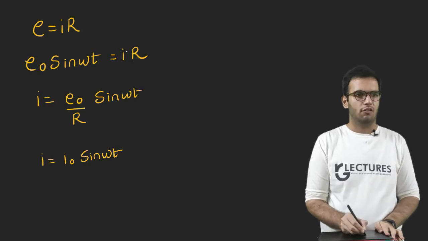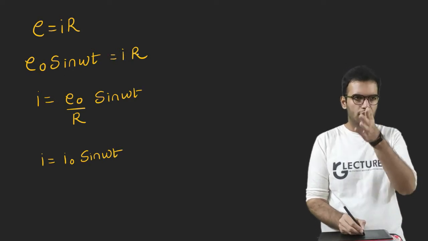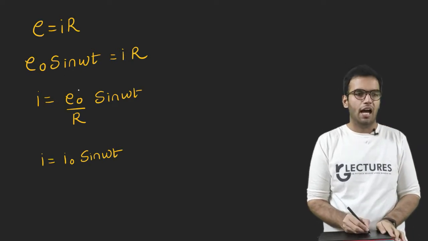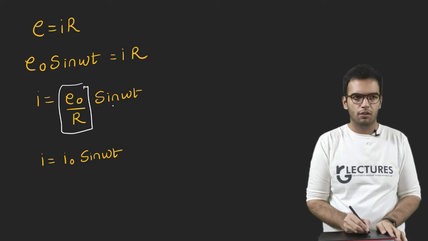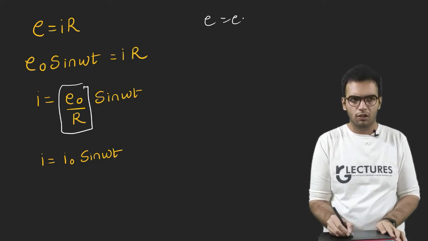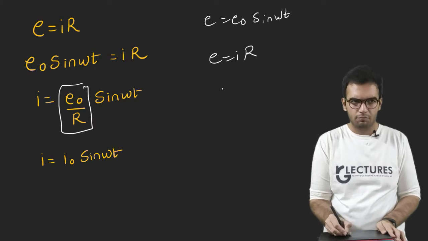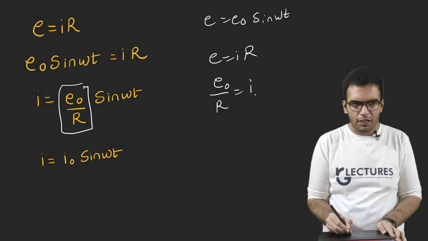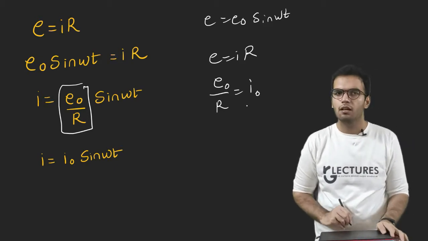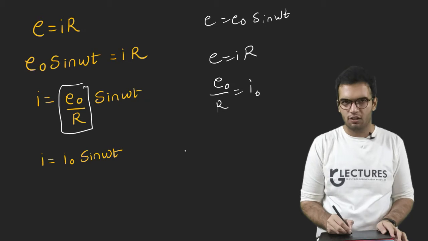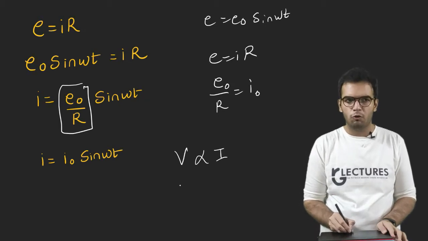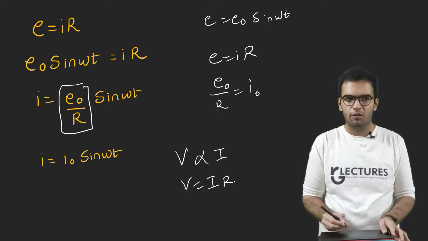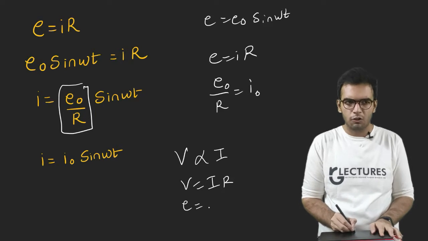I can reshuffle R there, and I know that what comes will be similar to this equation only, and since E equals IR, E by R will represent my I. If this is the peak value, then the current will also be in peak mode, because R is a constant. Right, when we were deriving Ohm's law, R came as a constant, and V is equivalent to E only.